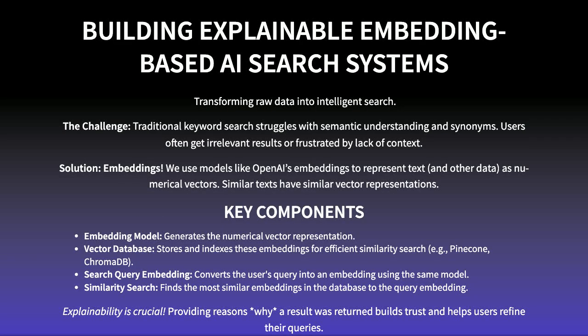Okay, so we're tackling the problem of how to make search smarter. Traditional keyword searches are often frustrating because they don't understand what you *mean*. To fix this, we use embeddings, basically a way to represent text as numbers that capture its meaning. Think of it like assigning each piece of text a unique fingerprint based on its content.